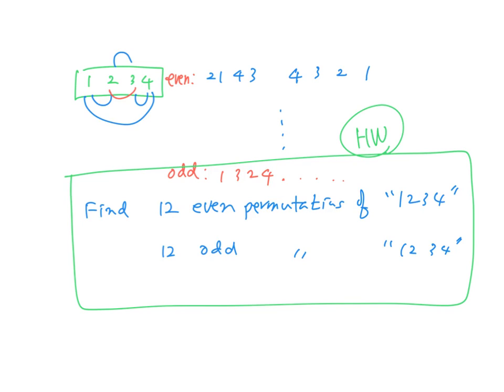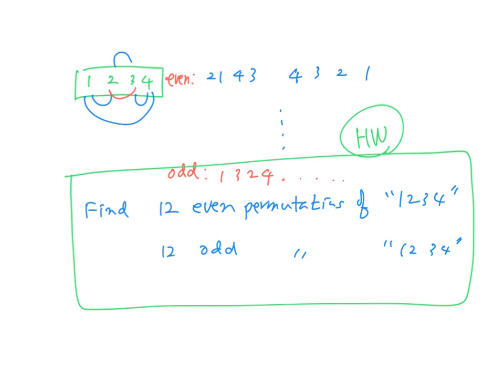Another homework is a bit vicious. You need to copy. So actually finding the even permutations, there are only 12, so you can find them. And only 12 odd permutations, so only 24.